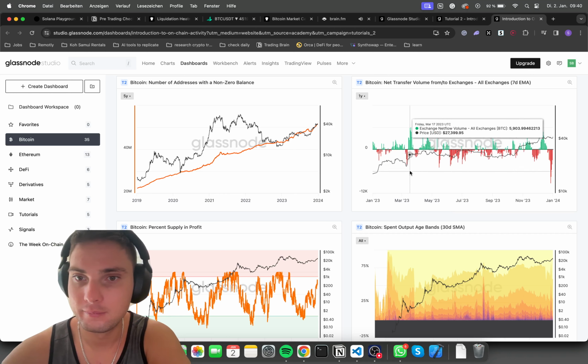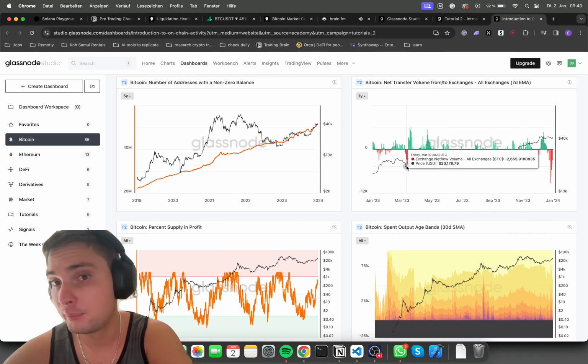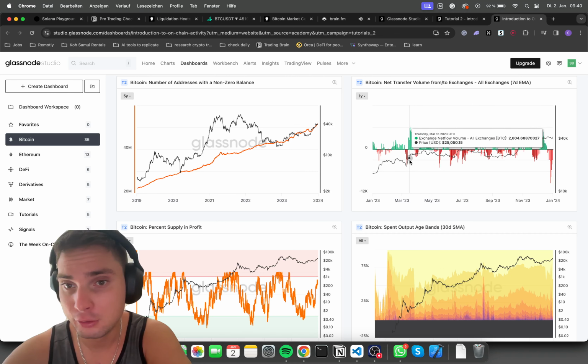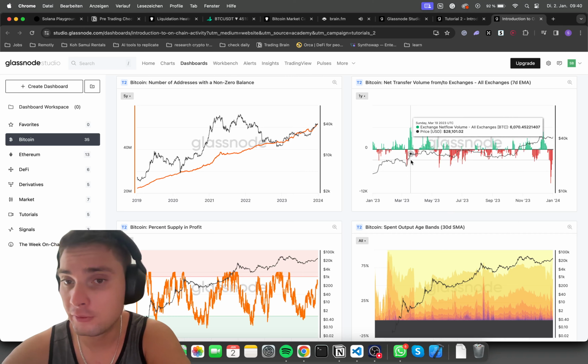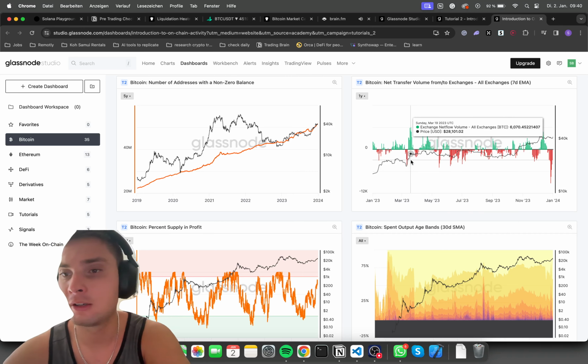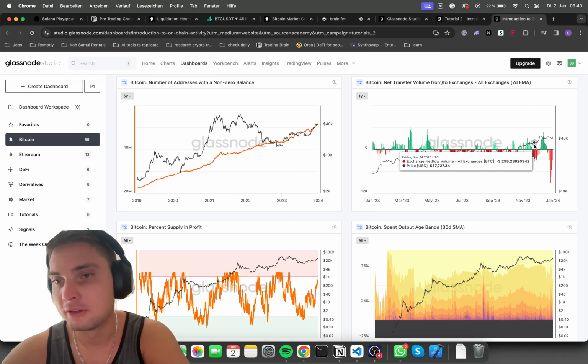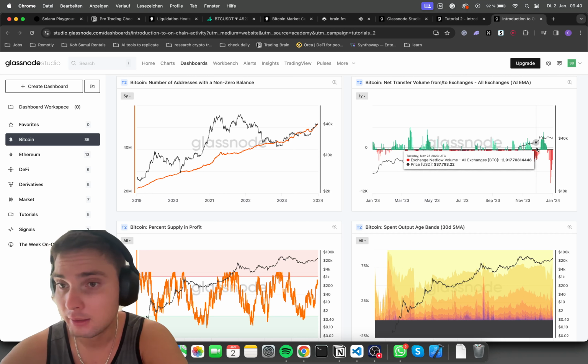So with a bottom, people bought and moved funds out from the exchange. At the top, people realized profits and moved funds to the exchange. Kind of like, it's not a bottom, but we are down. It was a good buying opportunity. People bought, moved funds from the exchange.